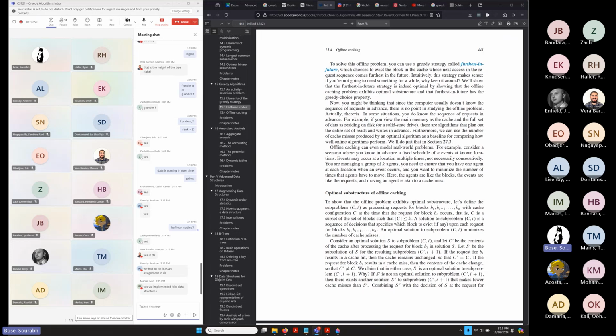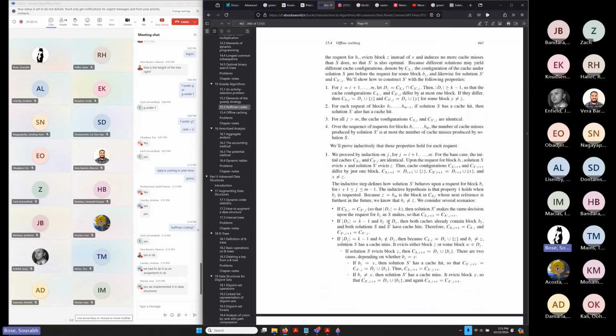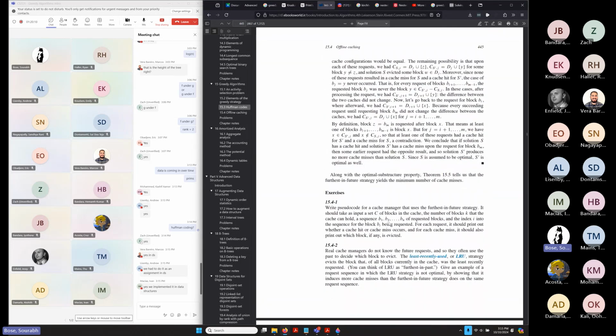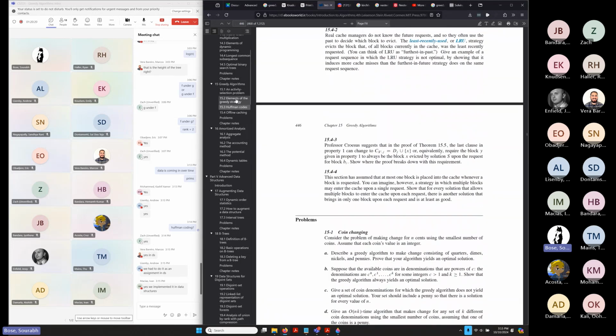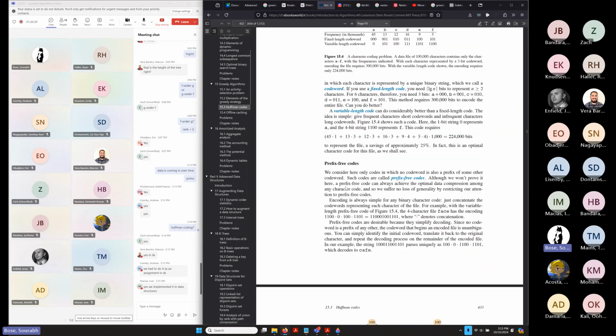For example, in English, the letter E is much more frequent than the letter Z. So maybe we will use fewer bits to encode E, more bits for Z. Is there a balance that we can manage that will basically reduce the total overall cost?